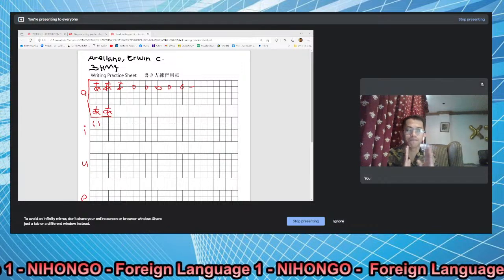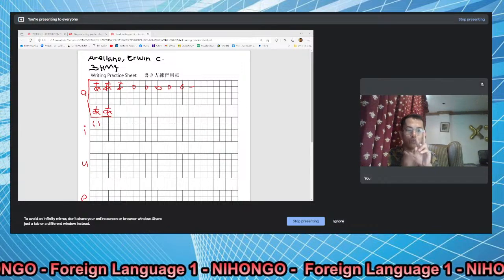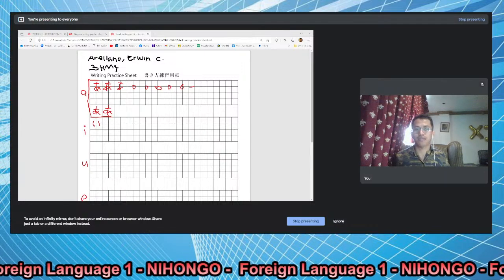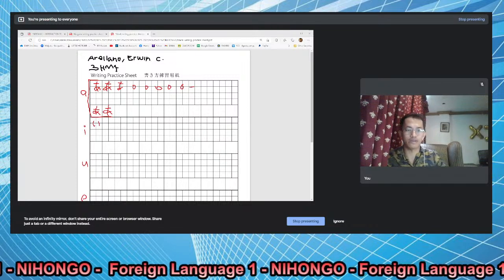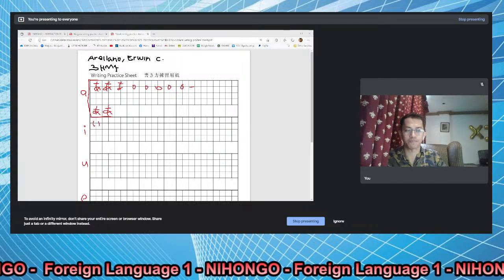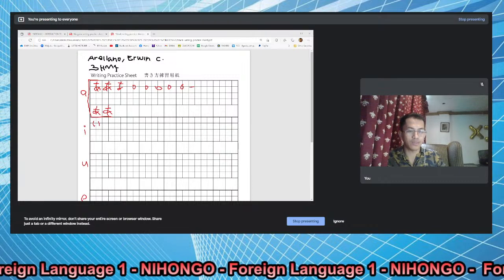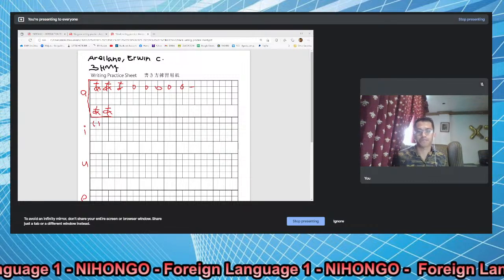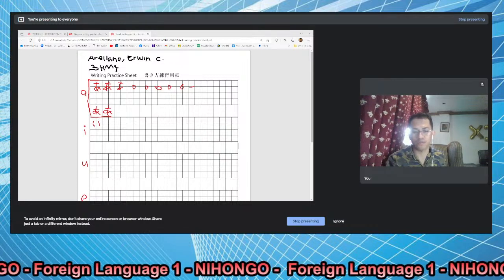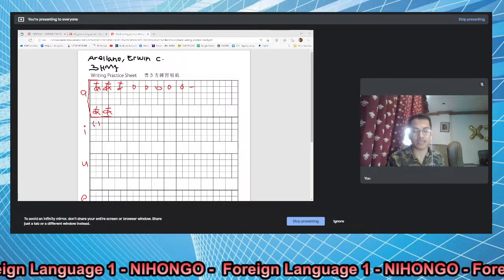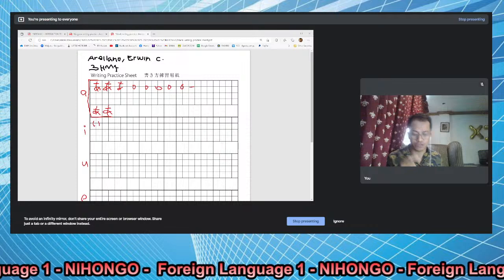At saka, you still have 2 weeks para mag-review kasi the following week pa ako mag-exam on the 21st. 21st is our examination.